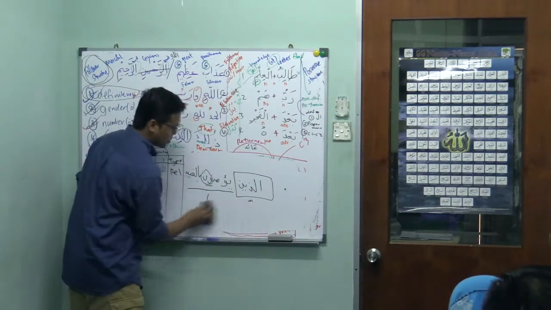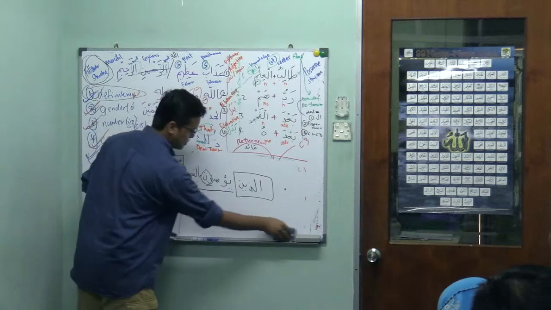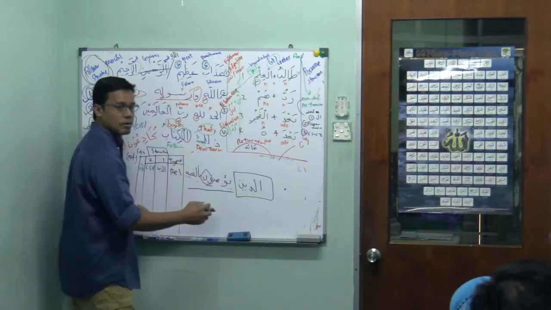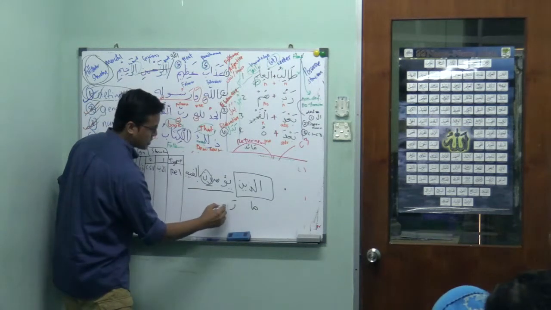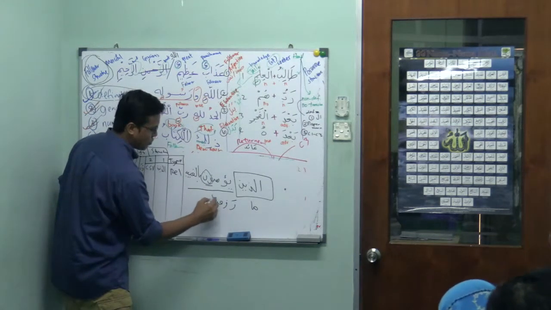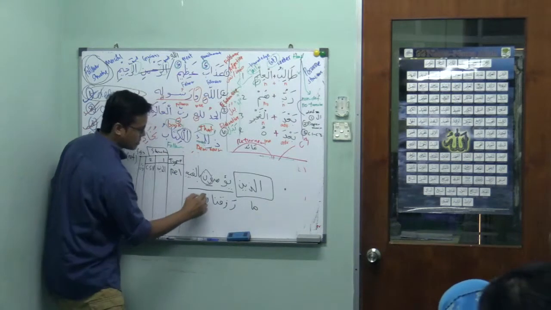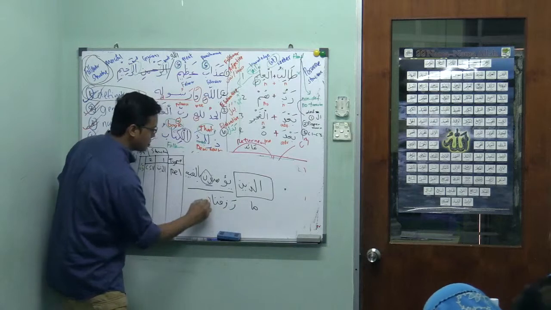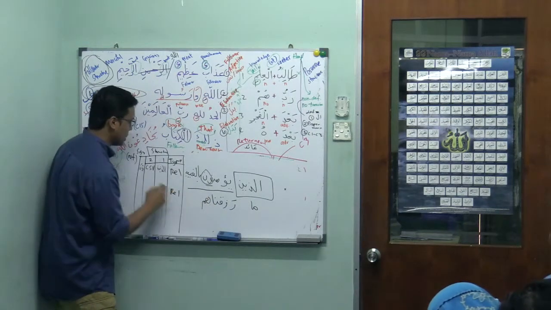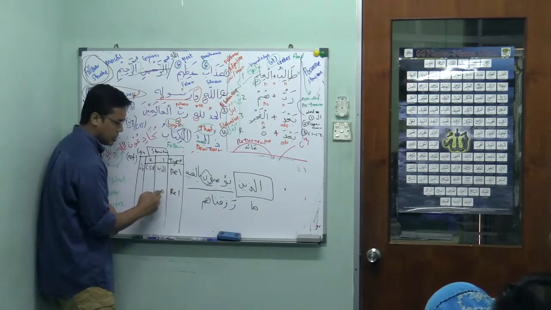Okay. So once you are done with that, what's the next one? Ma razaqnahum. We did this already, so try to do it yourself. Tell me what type is it? Relative. Okay, so it's a relative. And then number 1 you will put ma.